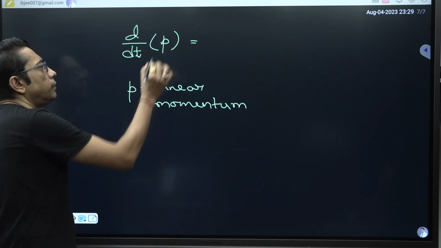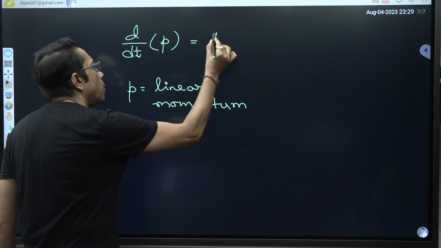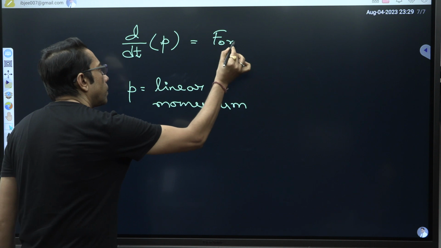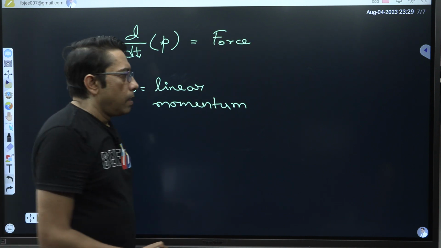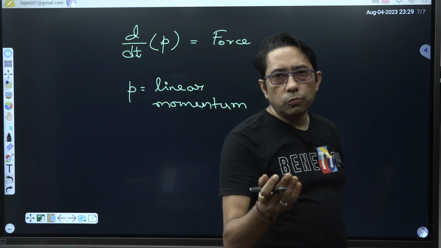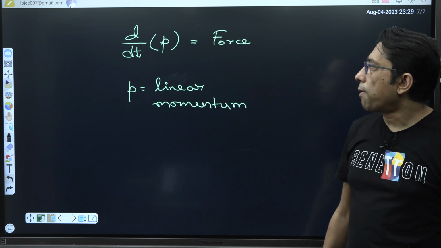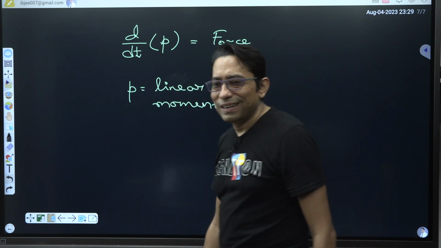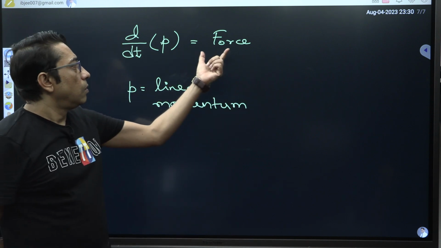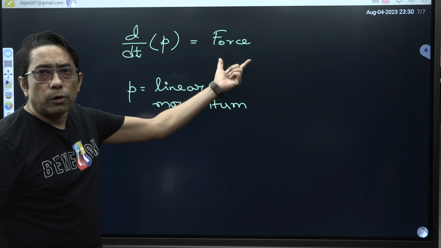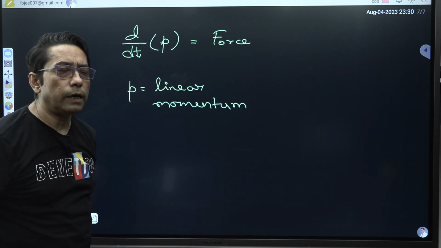Rate of change of linear momentum with respect to time is nothing but force. নিউটন সেকেন্ড ল একটু মনে করো বাবা। F equals ma, সেটাও বলতে পারো, অথবা এটা ভাবো যে force applied on a body is directly proportional to the rate of change of linear momentum.